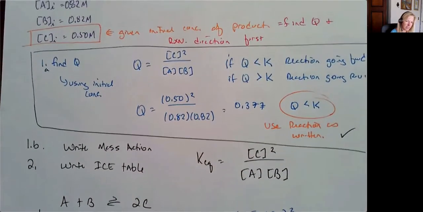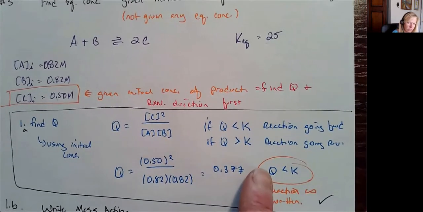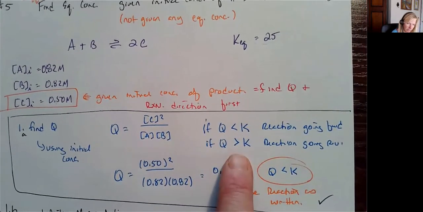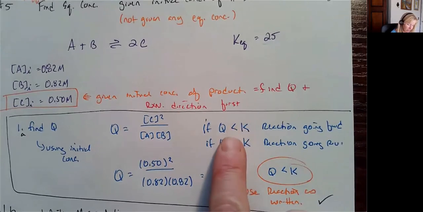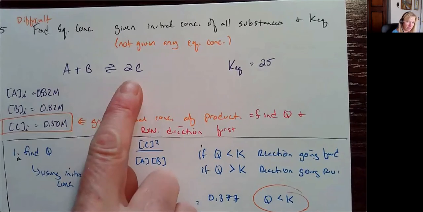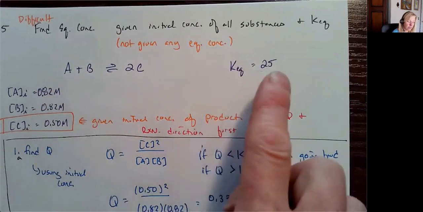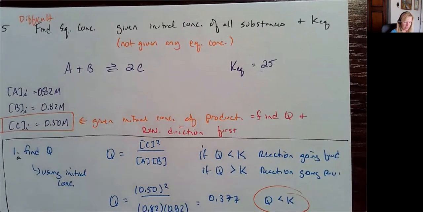Let's go back to this original scenario and see what would happen if Q was actually greater than K. In this one, we had Q less than K, meaning that the reaction is still going forward, even though I have C present at the beginning, so I can write my KEQ as I have it written. So let's assume that I don't have that. If Q is greater than K, now I have a problem.